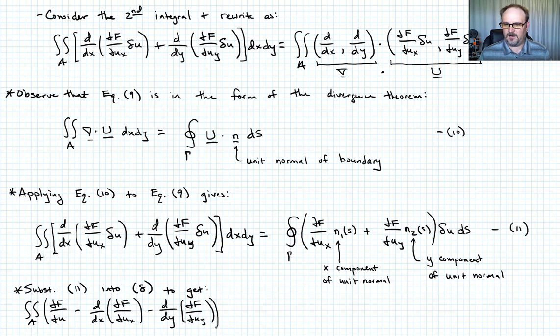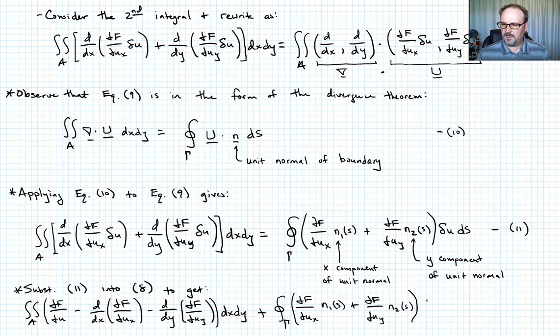That quantity dx dy. And then I have this boundary integral over the boundary we call gamma of partial f with respect to ux times n1 of s plus partial f with respect to uy times n2 of s, times delta u ds, that whole thing equals 0.